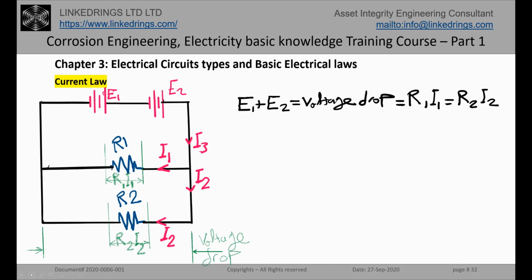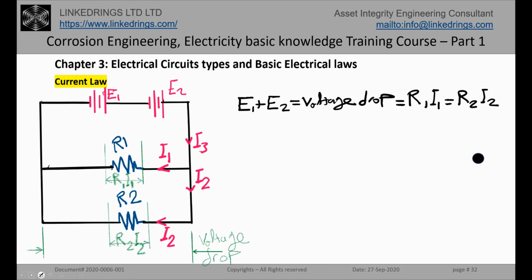What happens when I look at the other electrical circuit here? The same thing: the voltage source E1 plus E2 equals the voltage drop, which is I2 R2.